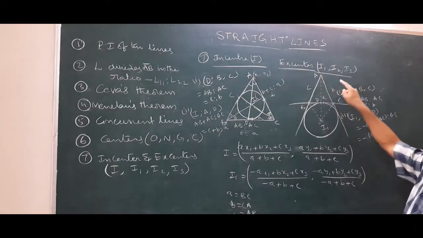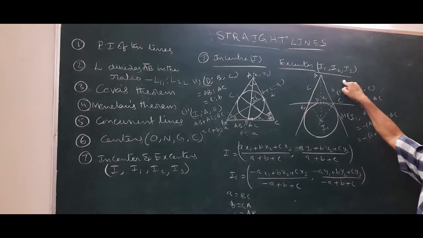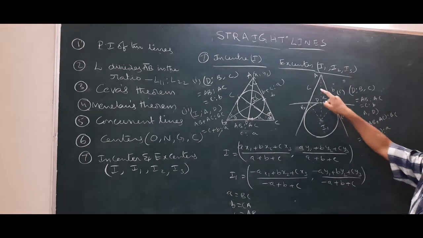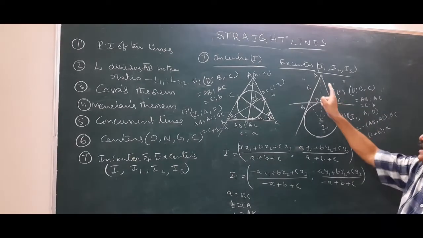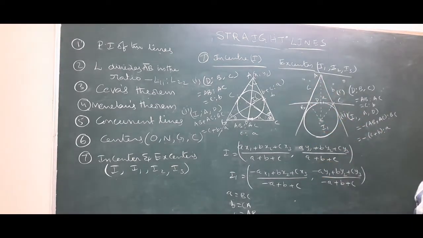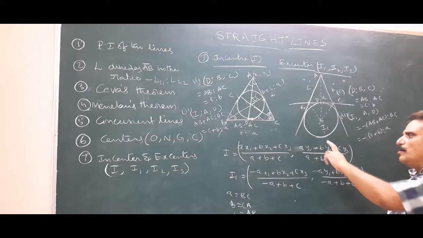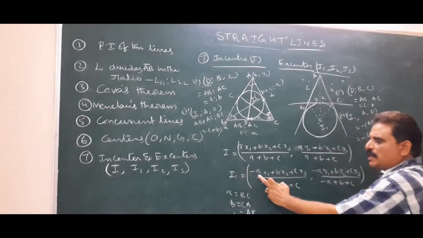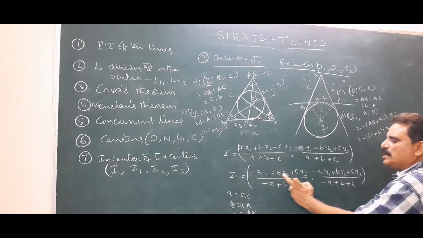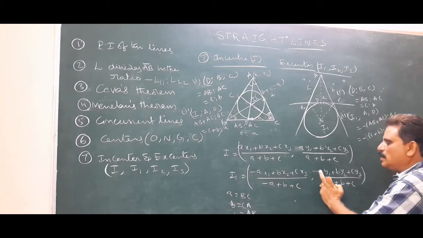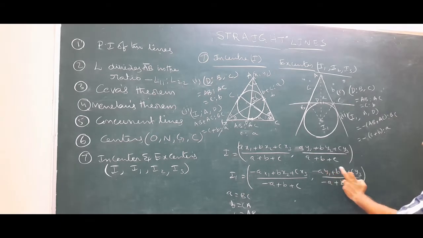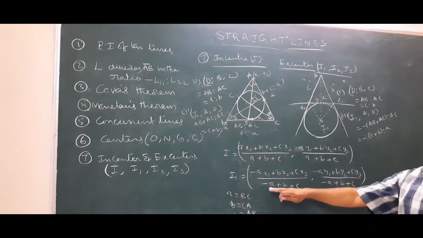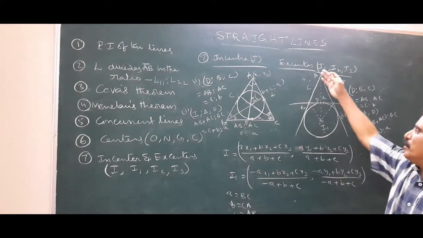In the same way, I2 is the excenter opposite to the vertex B. I3 is the excenter opposite to the vertex C. So we can find the excenter opposite the vertex A: I1 equals (-ax1 + bx2 + cx3)/(-a + b + c), (-ay1 + by2 + cy3)/(-a + b + c).